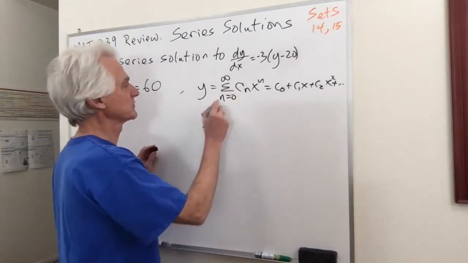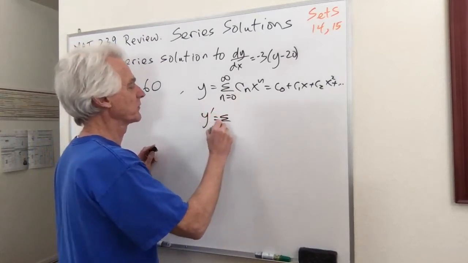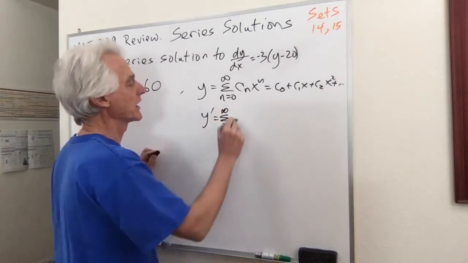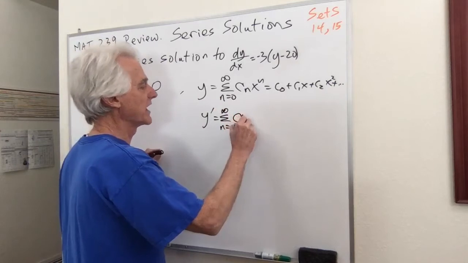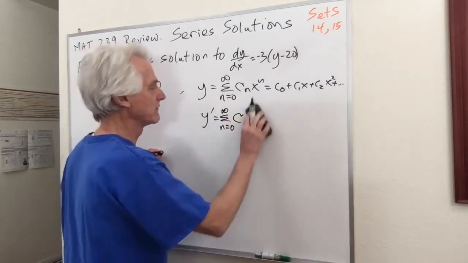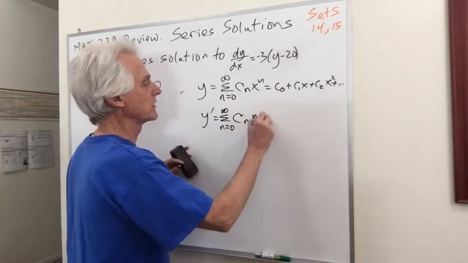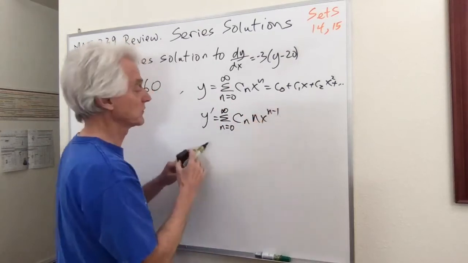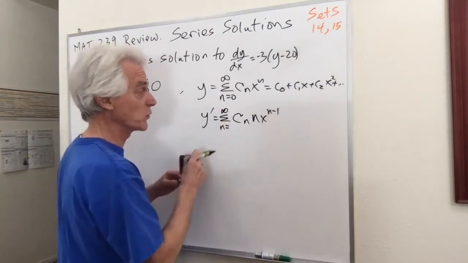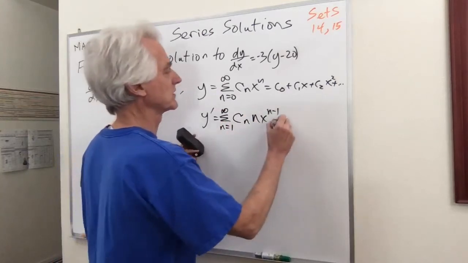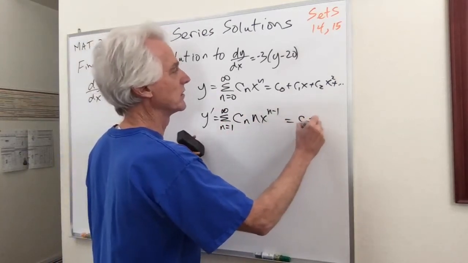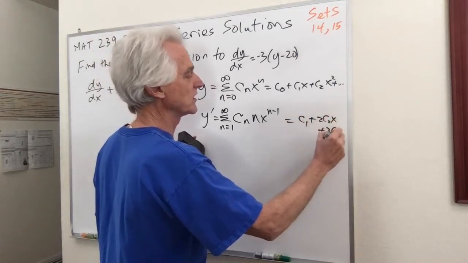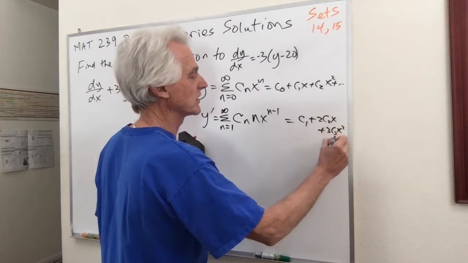The derivative y prime is sum from n equals 0 to infinity, cn times n times x to the n minus 1. And oops, actually, n equals 0 doesn't work. We start with n equals 1, right? Because this is equal to c1 plus 2c2x plus c3x squared plus dot, dot, dot.